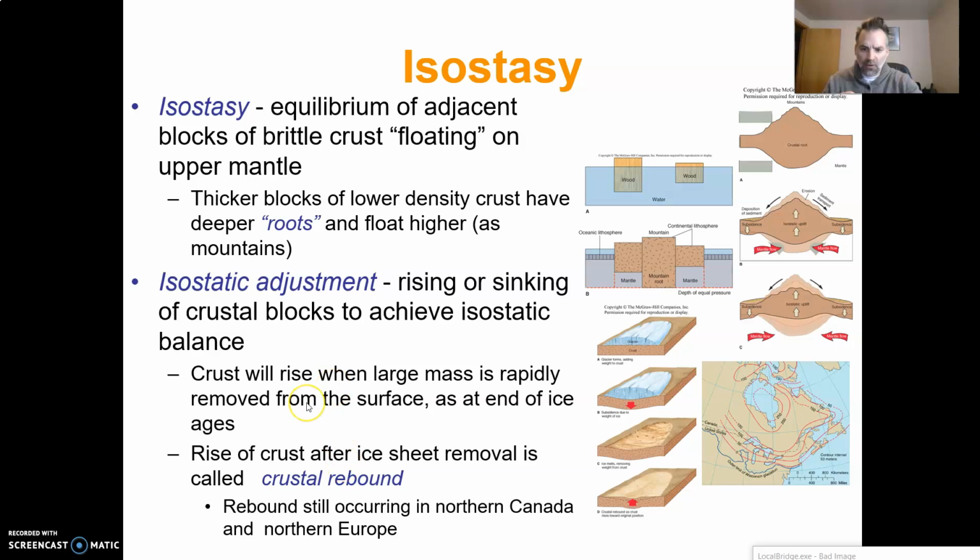And then we have also isostatic adjustment during the last ice age, when we had these really thick continental glaciers that covered the landscape. As the ice melted, the crust wants to rebound. And to this day, Canada and Europe are still rebounding from the last glaciation. And I think here these red lines represent glacial rebound.